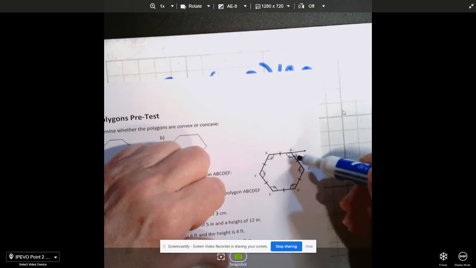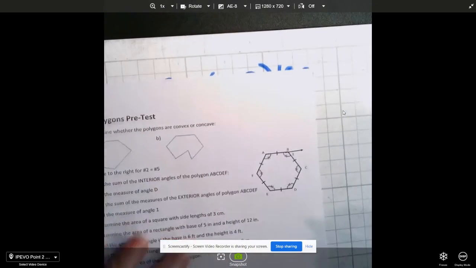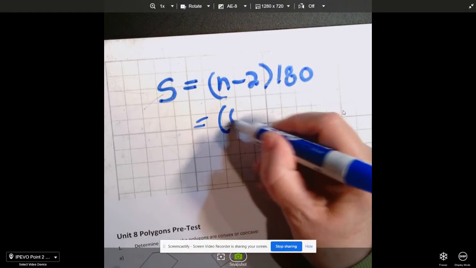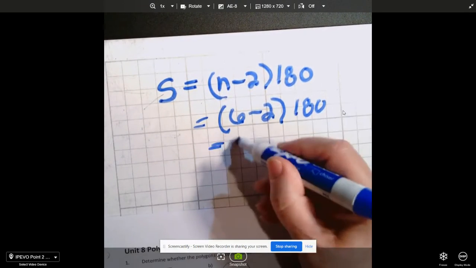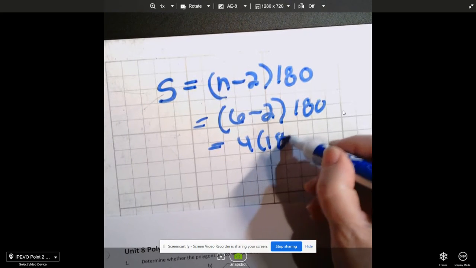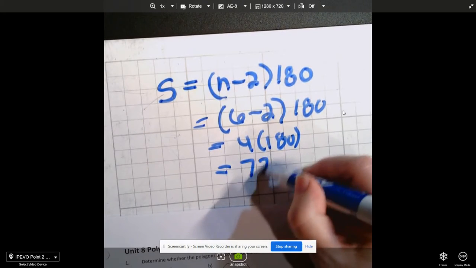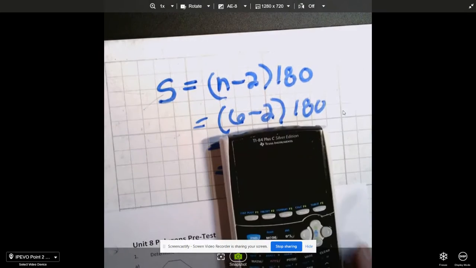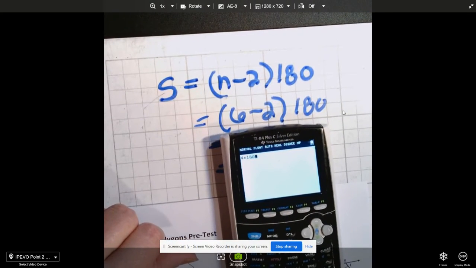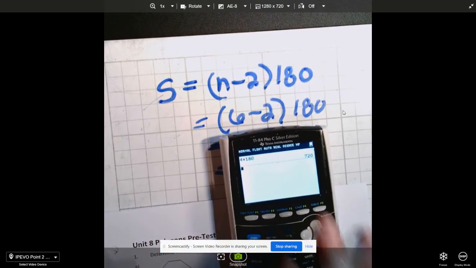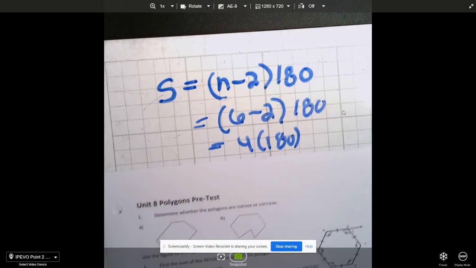I've got 1, 2, 3, 4, 5, 6 sides. So this would be 6 minus 2 times 180, which is 4 times 180, which is 720, right? That would be the answer to number 2.